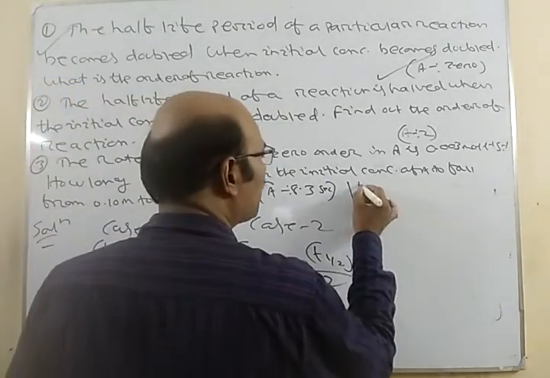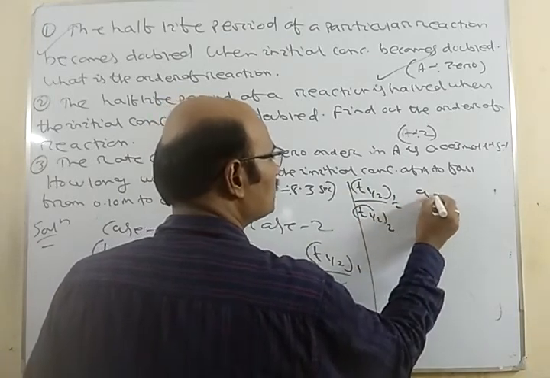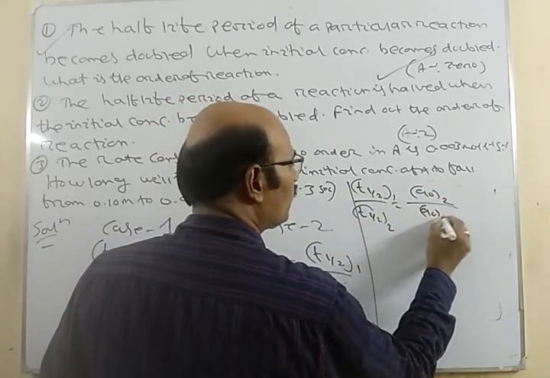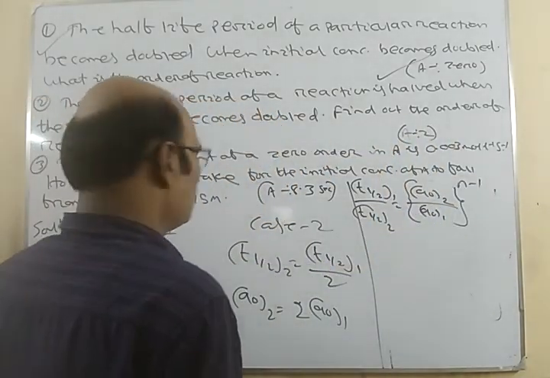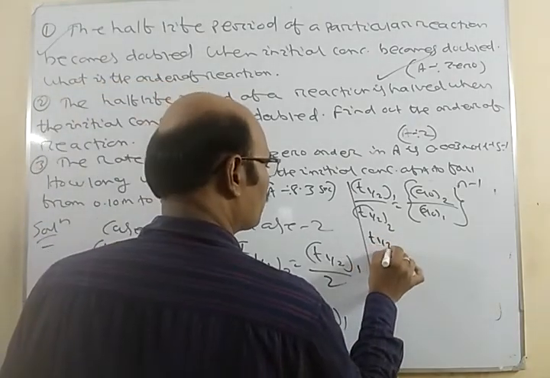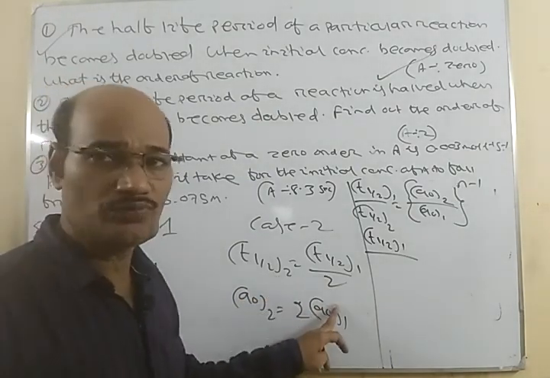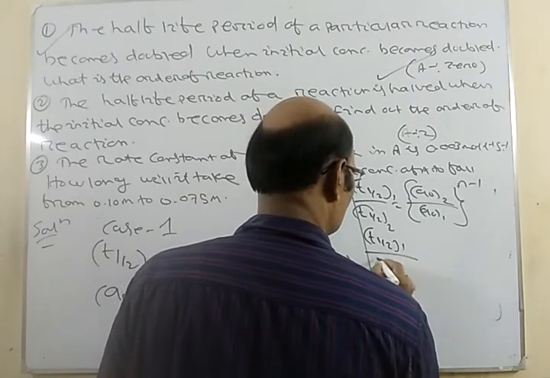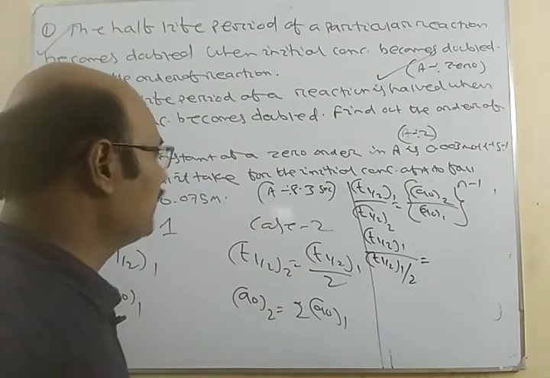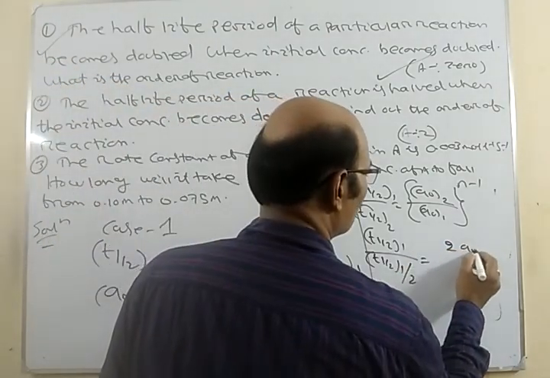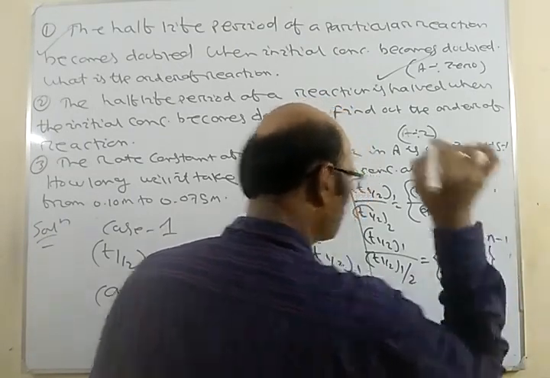Now put the formula T half 1 by T half 2 is equal to A02 by A01 power n minus 1. Now T half 1 by T half 2 equal to T half 1 by T half 1 by 2, so 2 equal to A02 by A01, that is 2A01 by A01, power n minus 1.